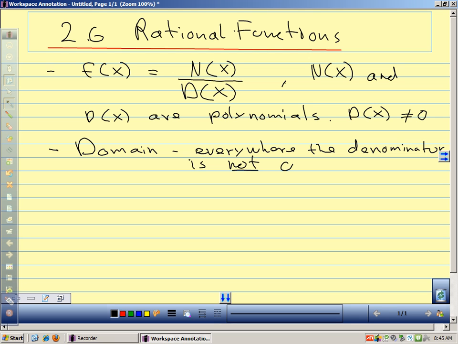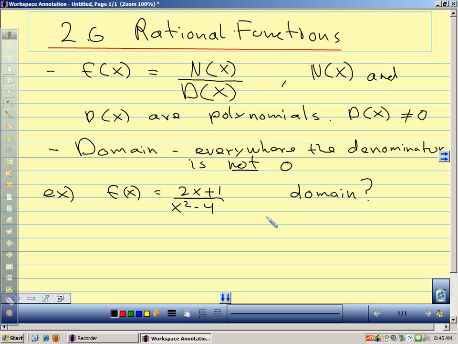So if we want to find our domain, we want to figure out where our denominator is 0, and we leave those points out. So if we're looking at a rational function, f of x is 2x plus 1 over x squared minus 4, and we want the domain. What numbers do we have to leave out of our domain for this function?